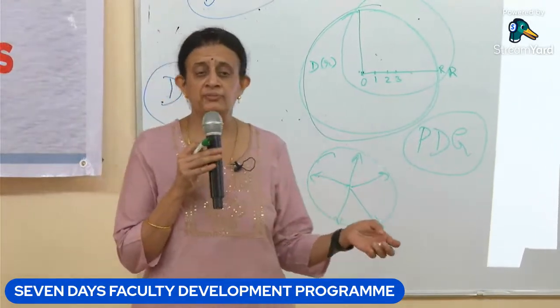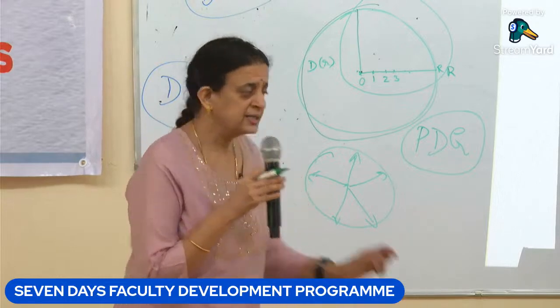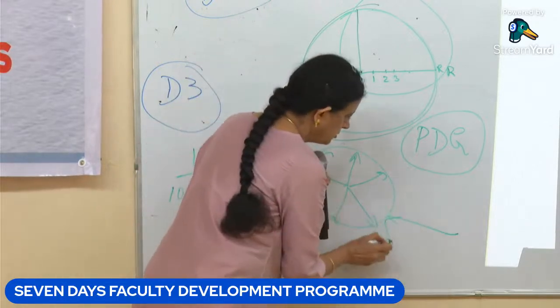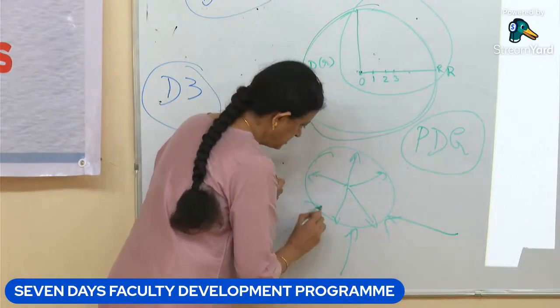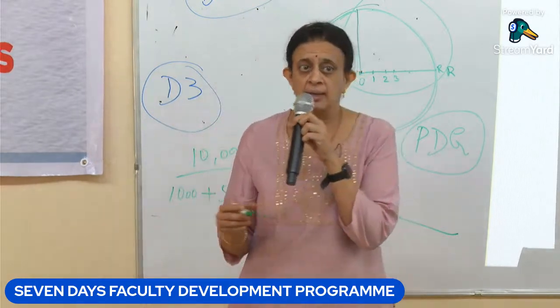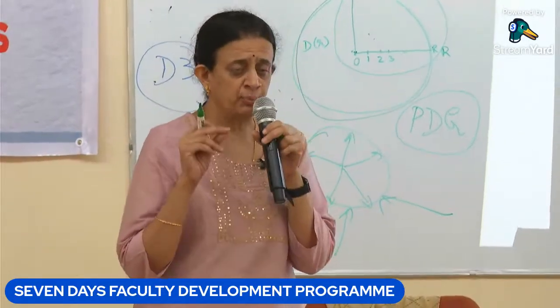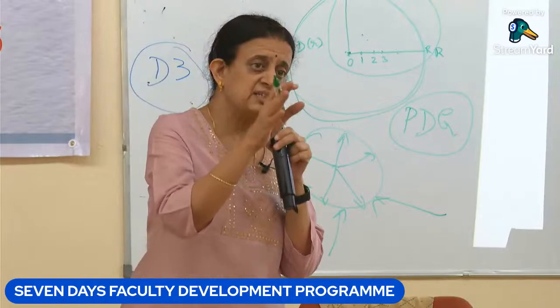Because it's possible for migrants also to come and settle here, right? Correct? But that is not called suburbanization. Suburbanization refers only to the process when people move from the central city to the suburbs. Okay?